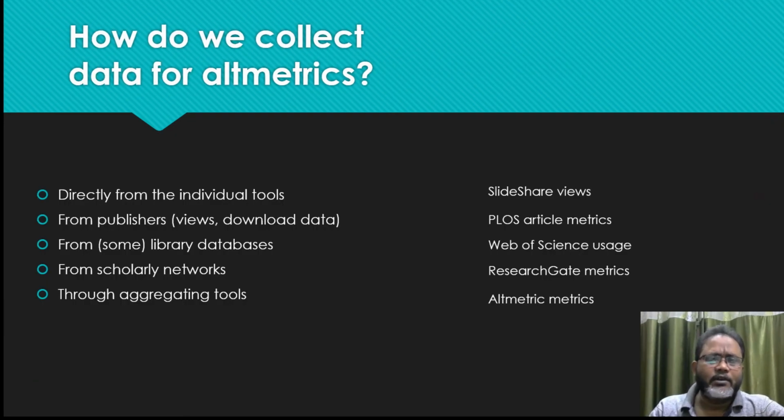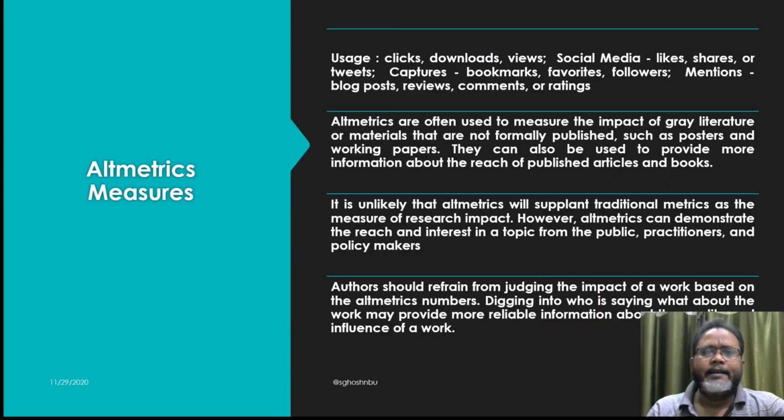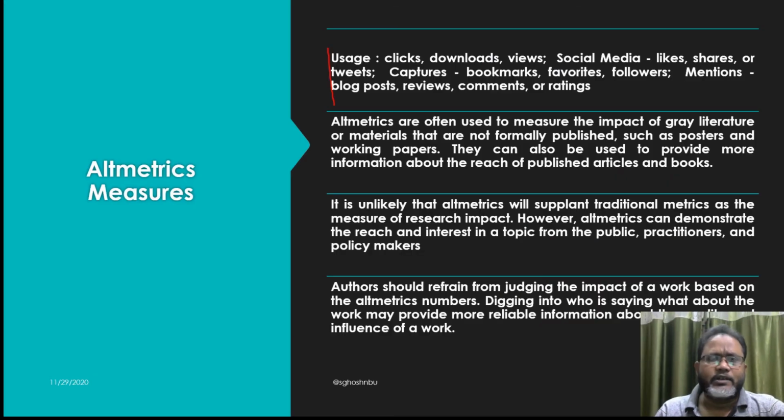And how do we collect data for altmetrics? Directly from individual tools, from publishers, from library databases, from scholarly networks, through aggregating tools: SlideShare views, PLOS articles, Web of Science usage, ResearchGate, and altmetrics. And there are different measures. For usage, how many clicks, how many downloads, how many views.